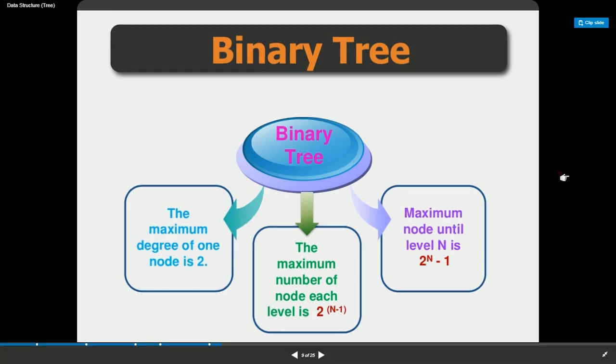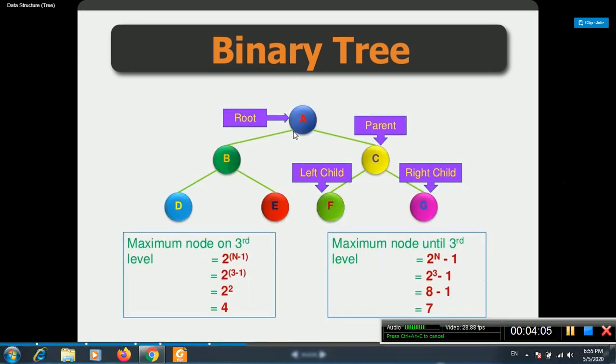So let us see. This is the root node, these are the child nodes, this is the parent node of the left child and right child. B is the parent node of D and E nodes. So calculate the maximum number of nodes in the third level.